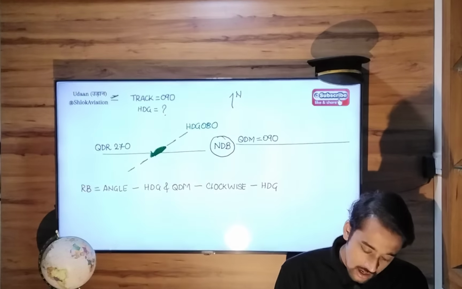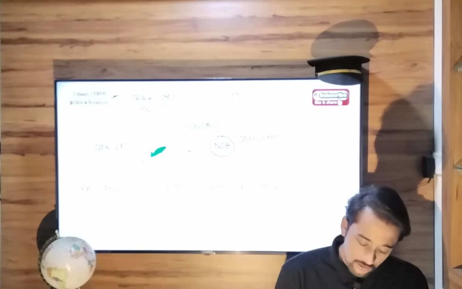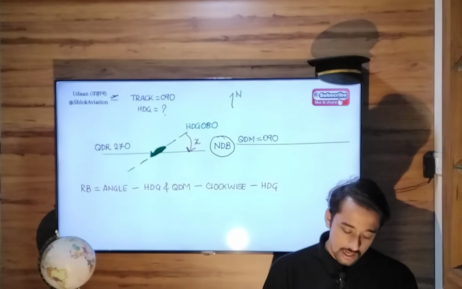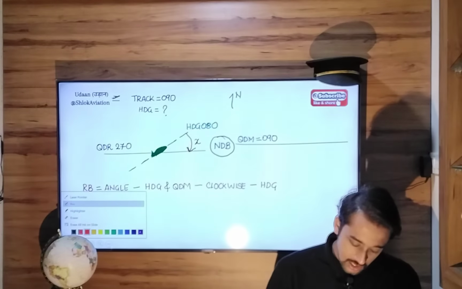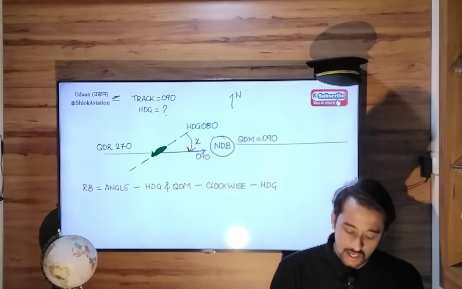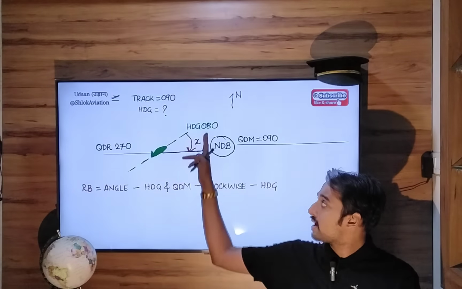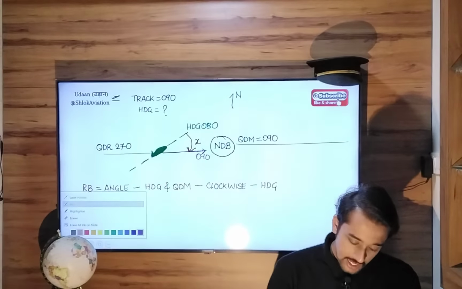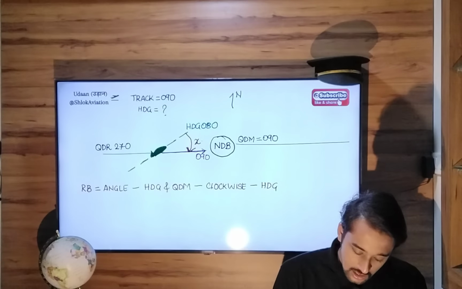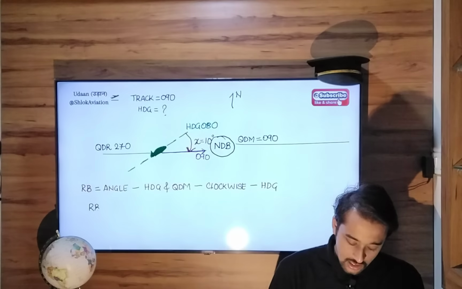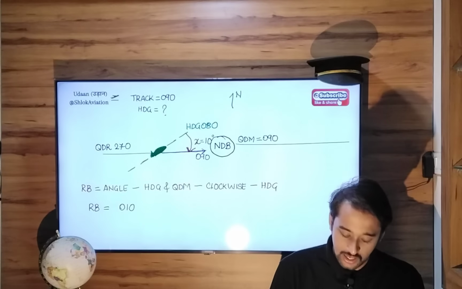From heading clockwise, we have to find this particular angle. Heading is 080, QDM is 090 towards the station. So the difference between them, 090 minus 080, is 10 degree. So relative bearing is 010 degrees.